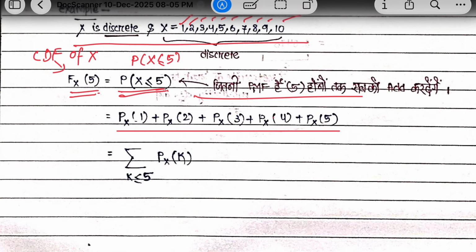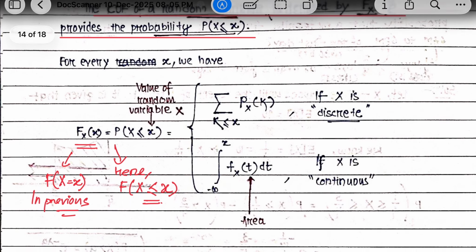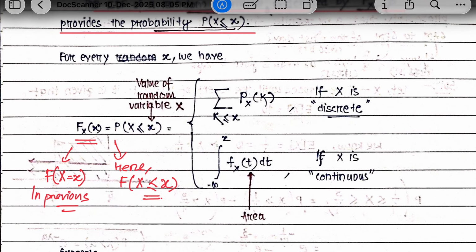You can represent this as the sum over k less than or equal to 5 of P of x_k, and for a continuous variable, we need to integrate.